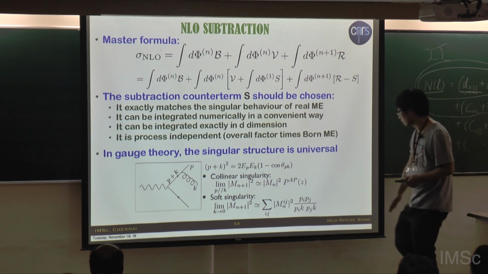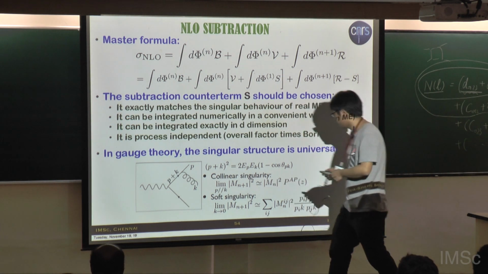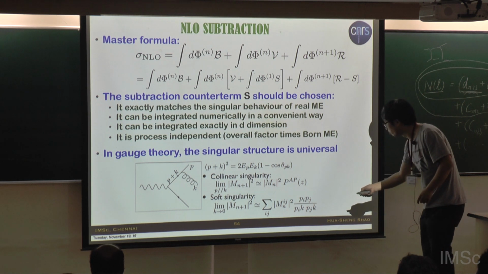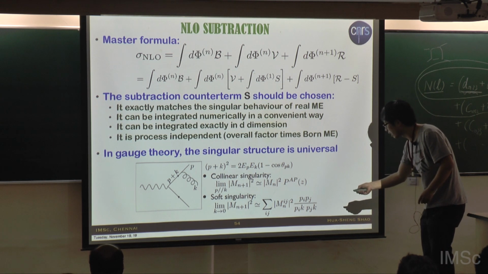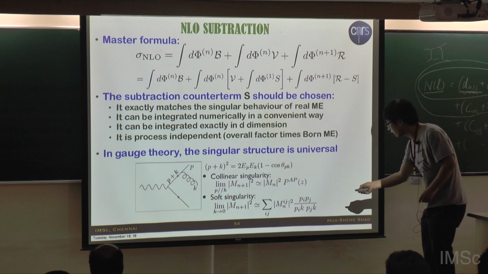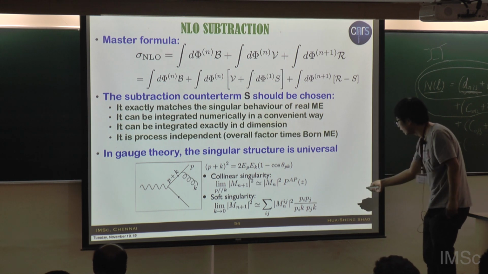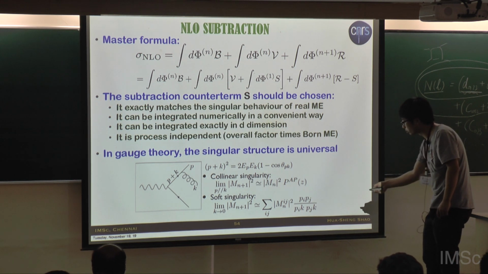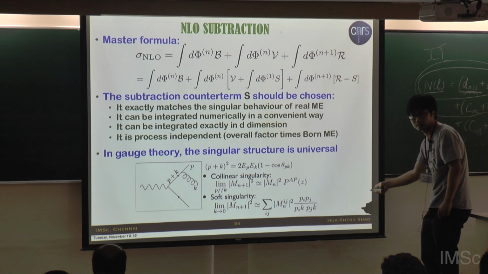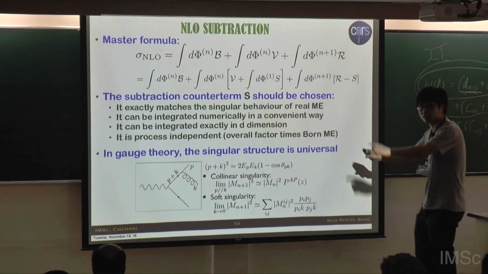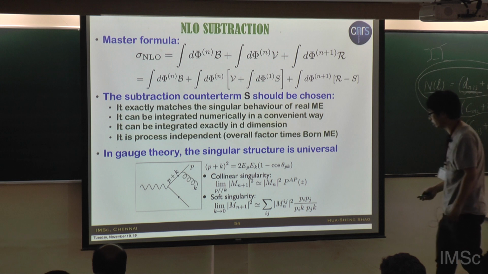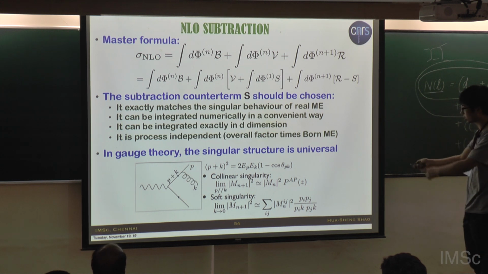And the soft singularity is the same thing. You can see that it's just a Born, but a color-linked Born, so it's IJ, not IJ. There's a color correlation, times the universal eikonal factors, okay? So for all processes, they should be the same in gauge theory or QCD, in this form, in the singular regions.